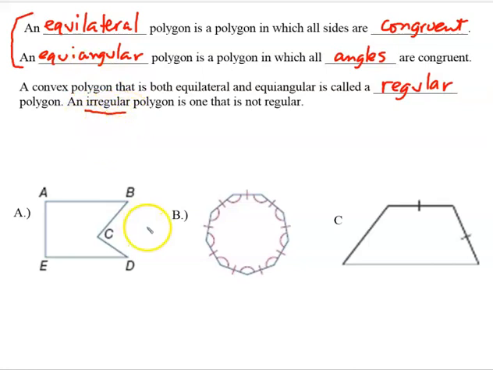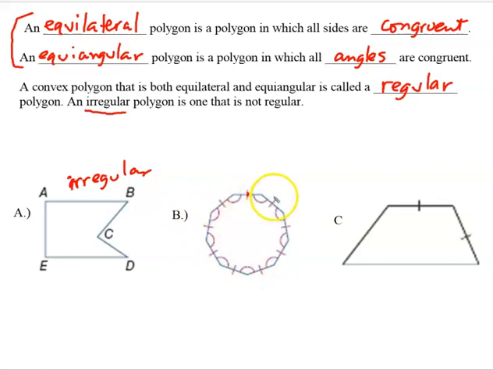Okay, so let's just run through some examples. Letter A would be irregular because to be regular, it's got to be convex, and this is not convex. Letter B, it is convex.